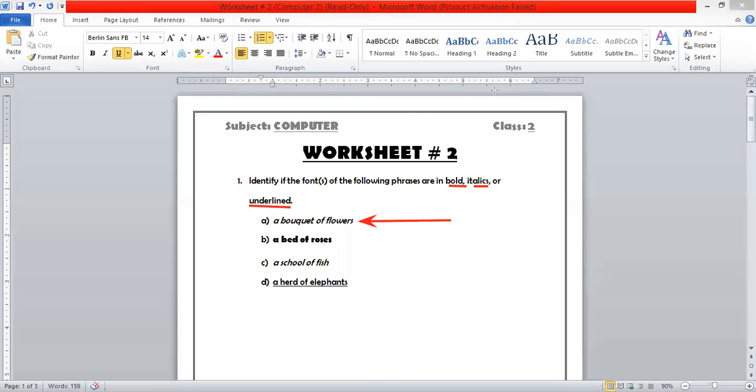Okay, the first one, for the A. For the A, the answer is italics. The answer is italics.